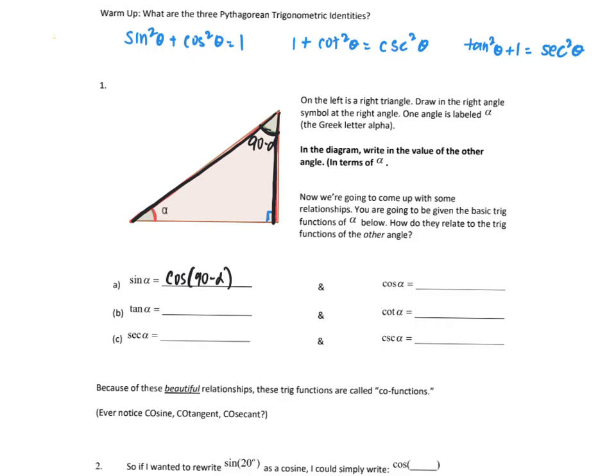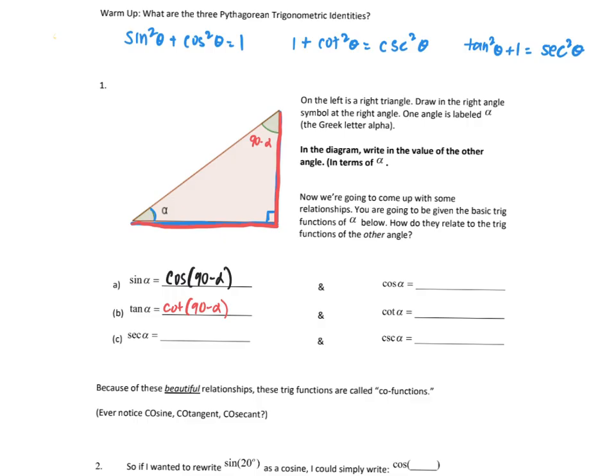And then let's do another one. Tangent of alpha is opposite divided by adjacent. But if we're looking from 90 minus alpha, that's going to be adjacent divided by opposite, which is cotangent of 90 minus alpha.